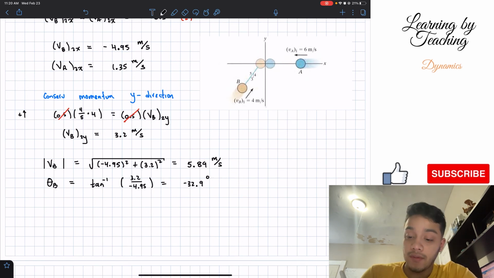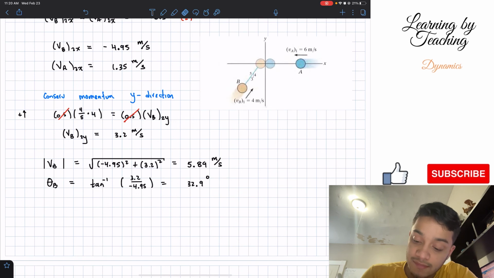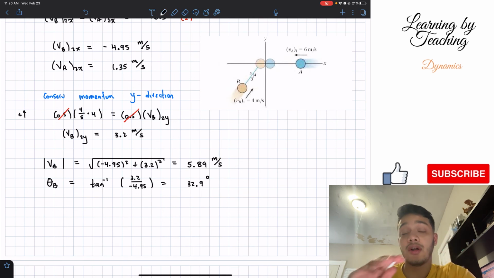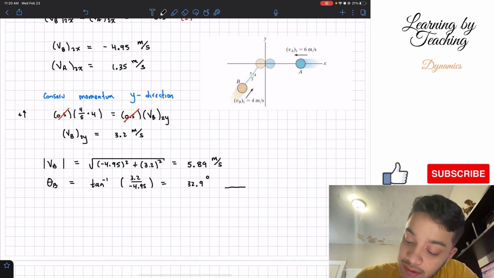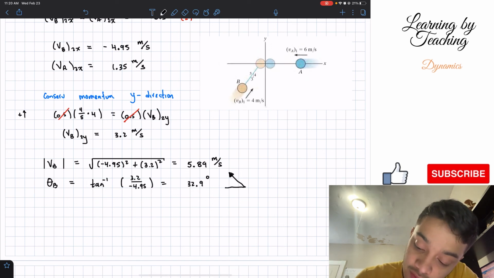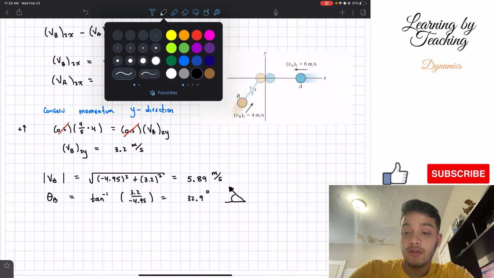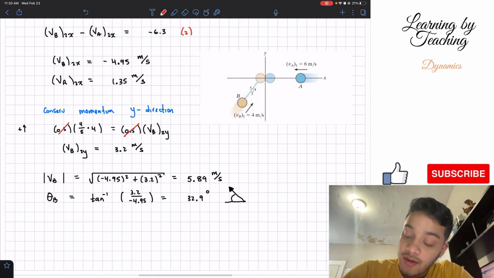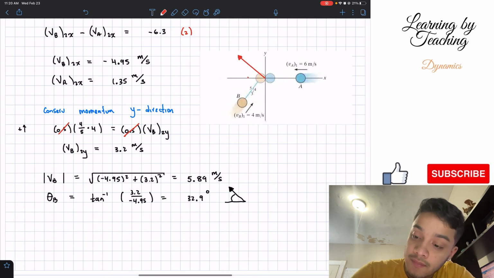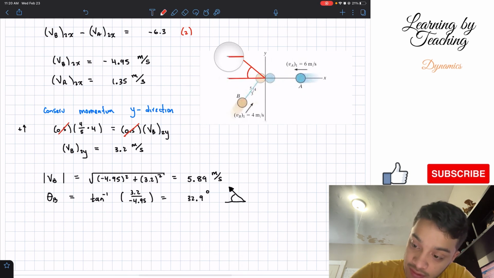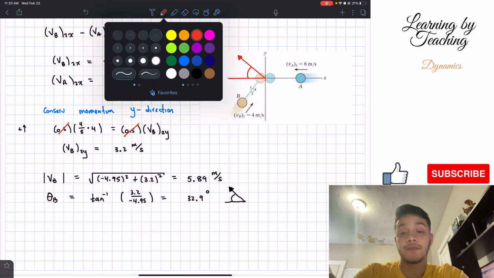Now what we can do is replace this negative value, instead of being counterclockwise, with a clockwise angle. What do I mean by that? Our angle is going to be like this, going clockwise. Also, this angle is with respect to the x-axis, but it's with respect to the negative x-axis.